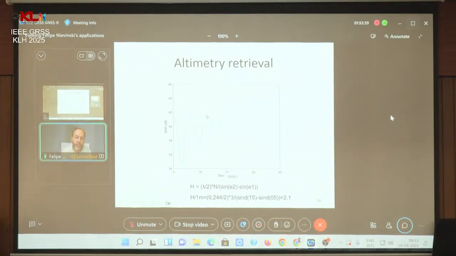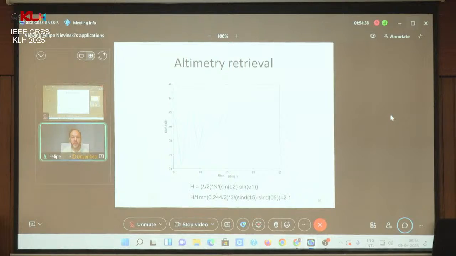I will count 1, 2, and 3 cycles between 5 and 15 degrees. So that goes in the denominator. It's a difference of sines, sine of 15 degrees and sine of 5 degrees. And in the numerator, we have half of the wavelength multiplied by the number of cycles. And voila, you get 2.11 meters. It's an altimetry retrieval in GNSS-R. So that's all we do.